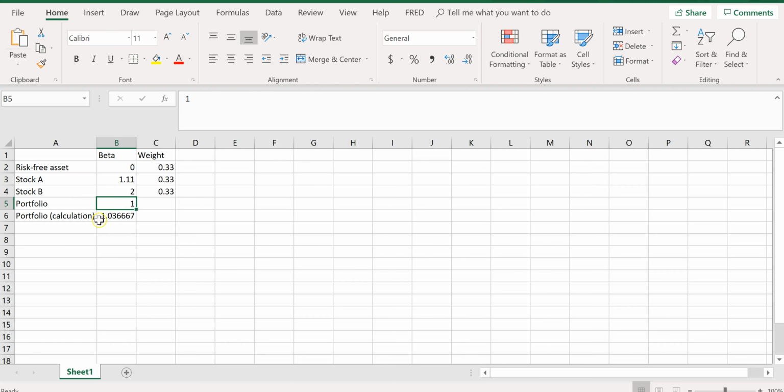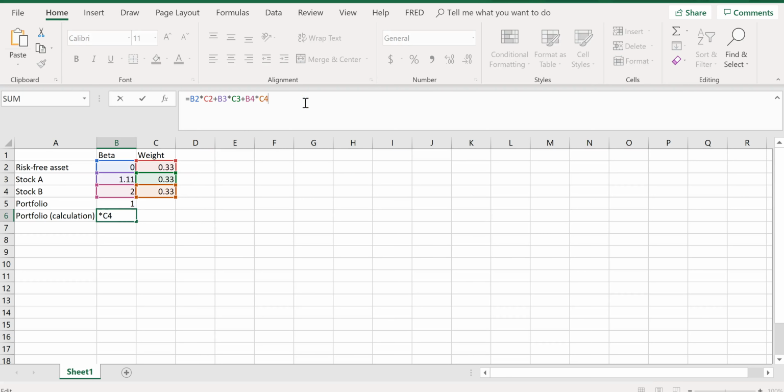Then you can see the portfolio beta will be 1.036667. This is not the actual portfolio beta, because the actual portfolio beta is 1, so obviously this is not the answer. But I write this because I want to use the goal-seek function.